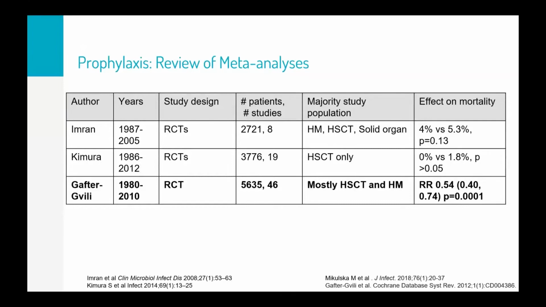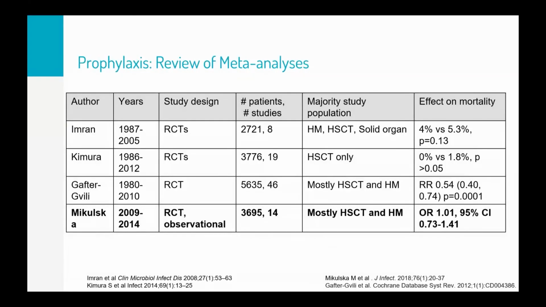This meta-analysis changed practice when it originally came out in around 2007 and is what drove certain guidelines, specifically the ASCO guideline, to change to suggest fluoroquinolone prophylaxis. They looked at all malignancy groups and happened to mostly include stem cell transplant and heme malignancy patients, and found that they had a statistically significant mortality benefit in fluoroquinolone prophylaxis.